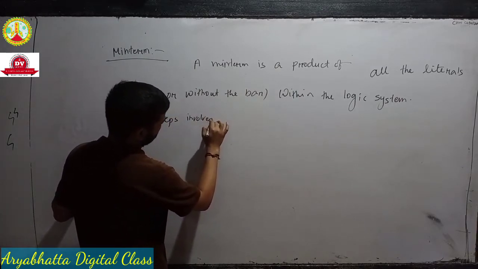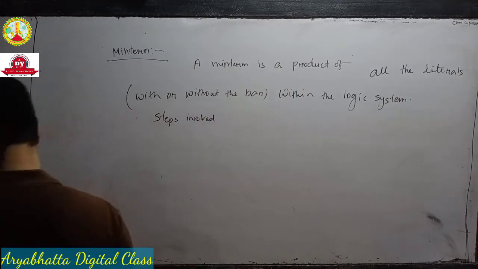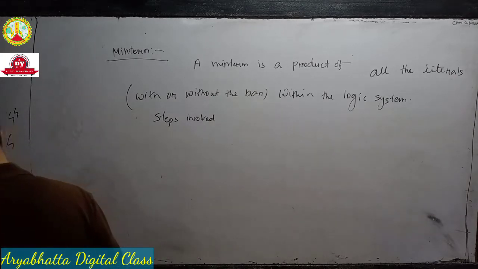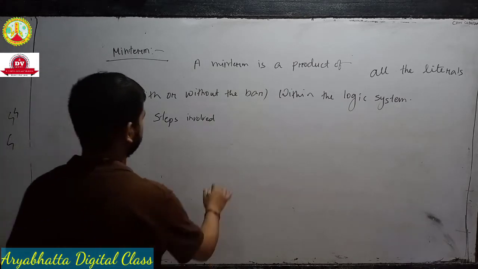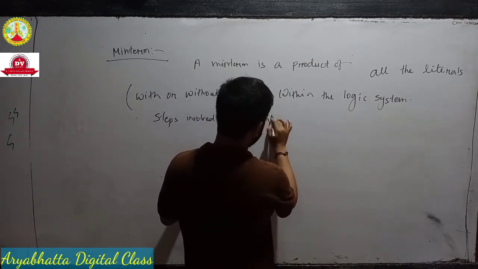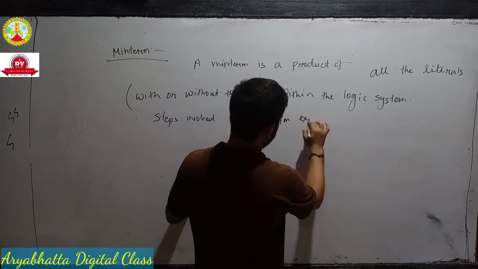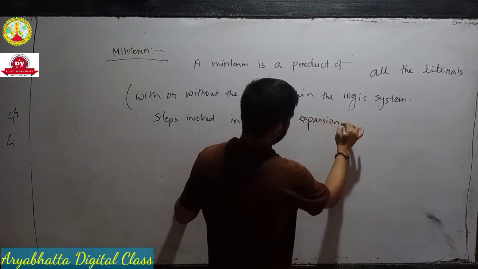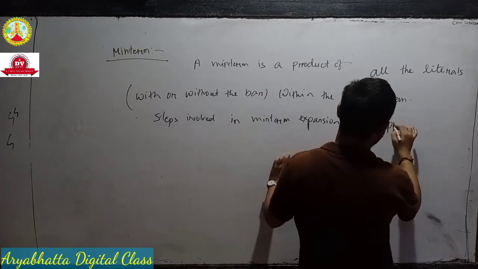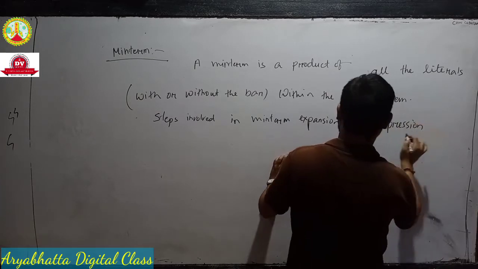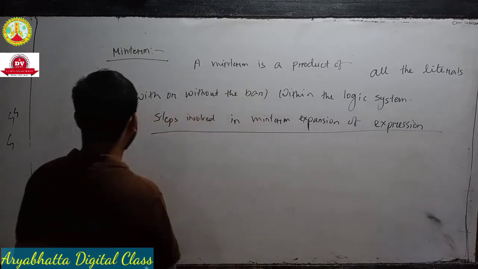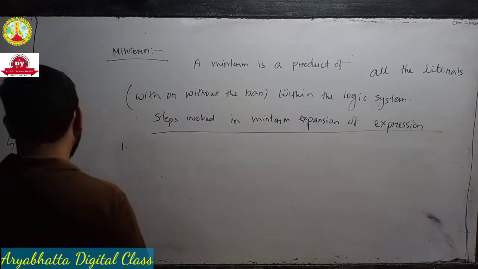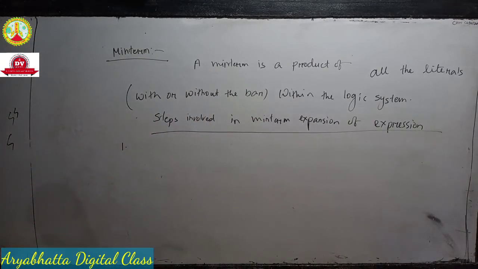Steps involved in minterm expansion of an expression. Step number one is to first convert the given expression into sum of products form.